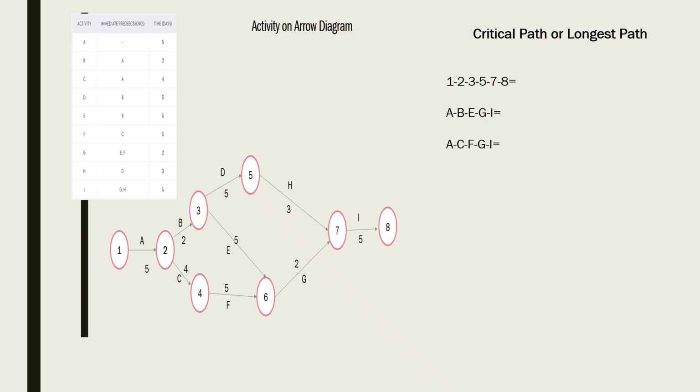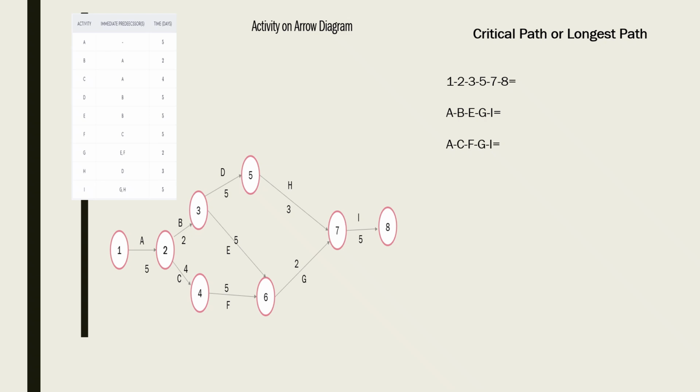Now here, instead of A, B, G, I am going to calculate the critical path based on the arrows, that is 1 to 2, 2 to 3, 3 to 5, 5 to 7, and 7 to 8. Only the values you mentioned inside the circles are going to be considered.